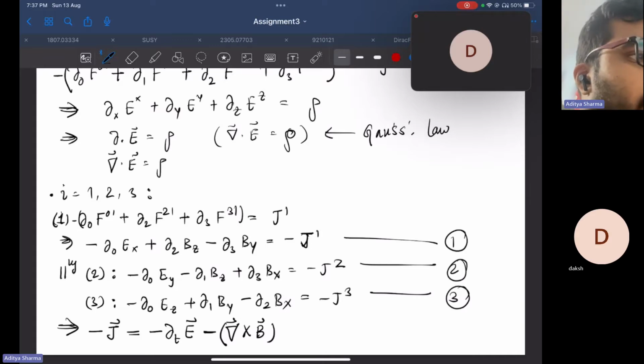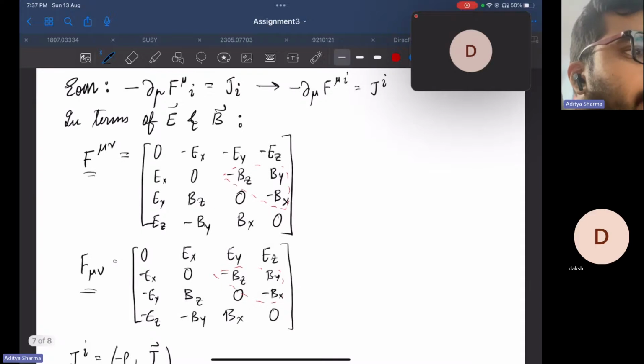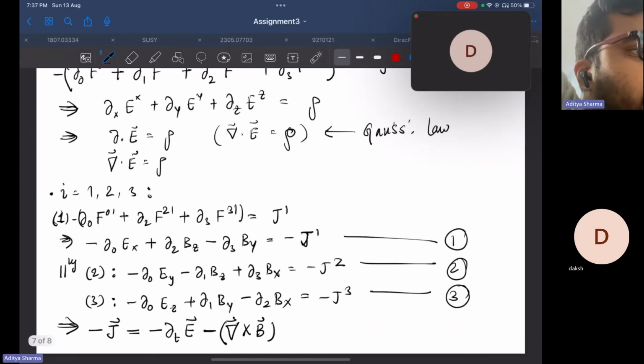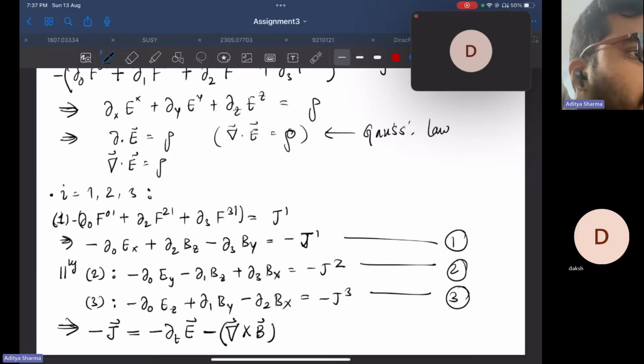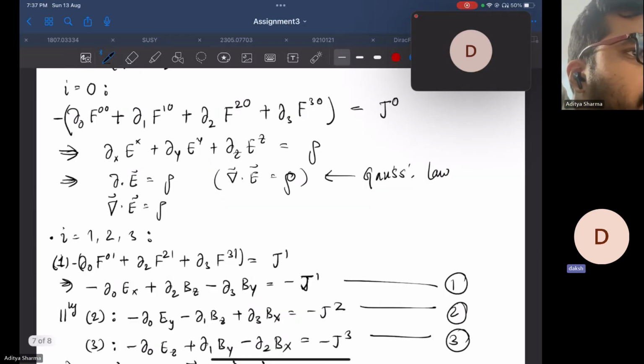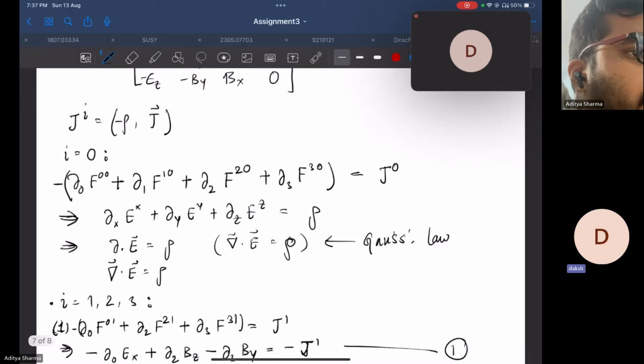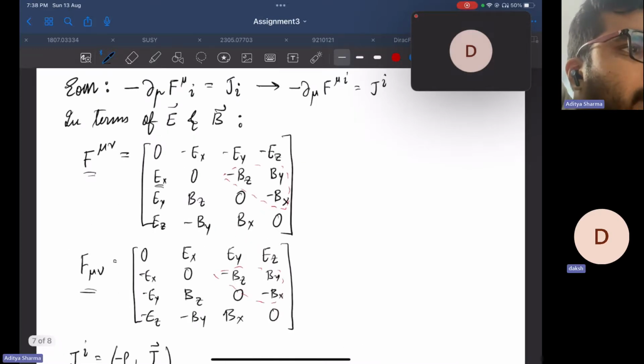0, 1, 2, 1, 3, 1. 0, 1 is minus Ex, right?